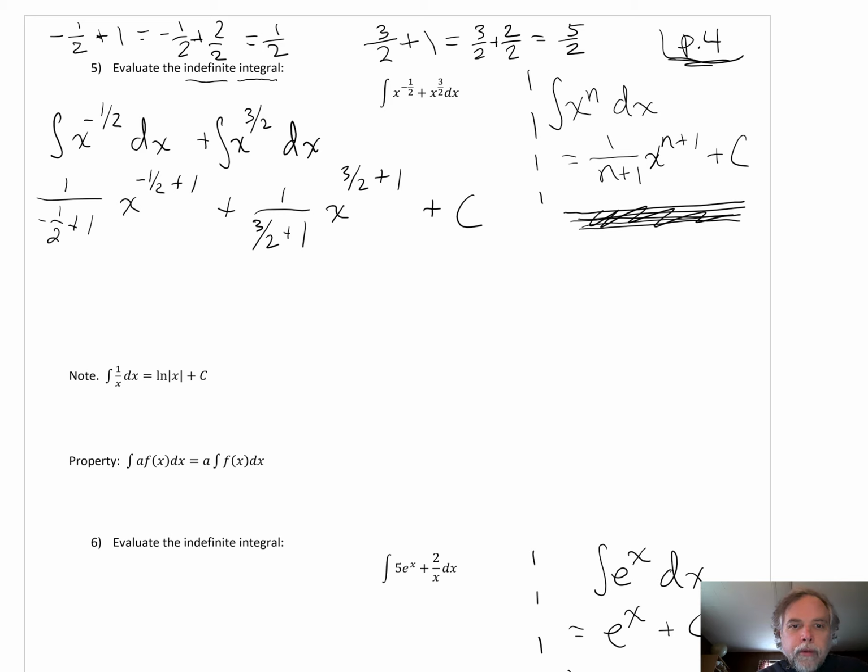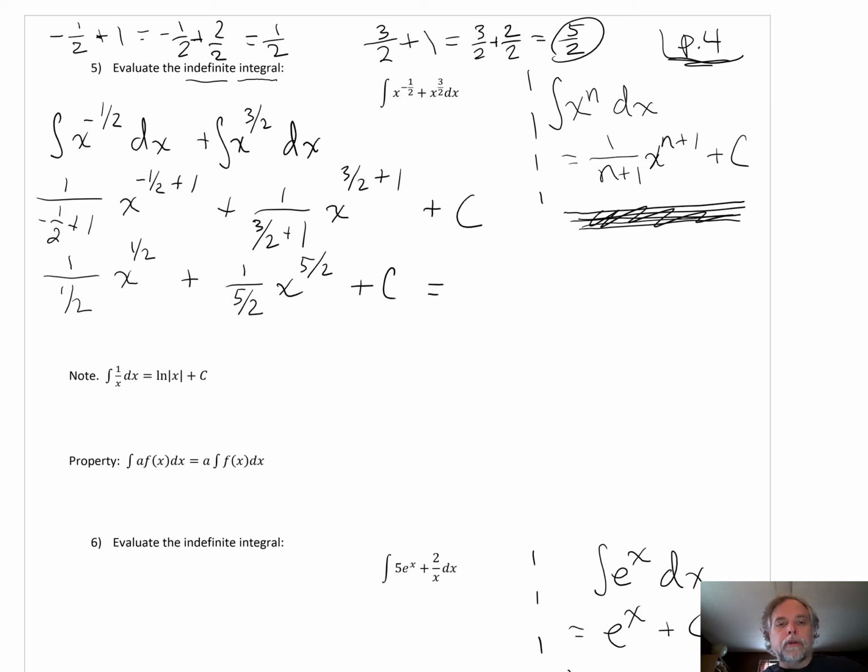So 1 over negative 1/2 plus 1 is 1 over 1/2, x to the 1/2, based on what we did above, plus 1 over 3/2 plus 1, which is 5/2, 1 over 5/2 x to the 5/2 plus c.